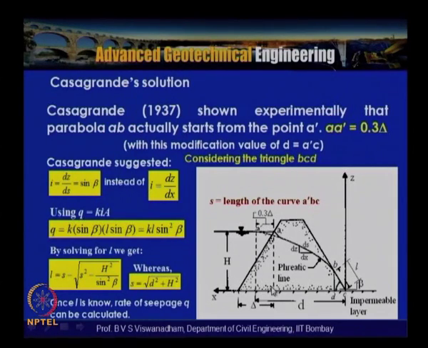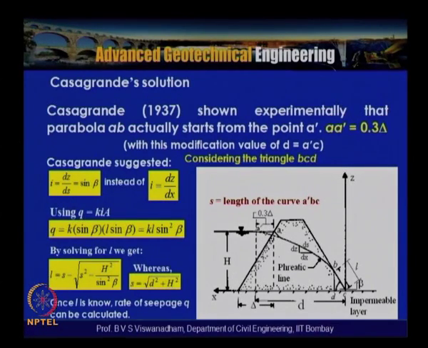With this modification, the value of D will be equal to A dash C, that is this particular distance. Now considering the triangle BCD, we can write I is equal to dz by ds is equal to sin beta, instead of dz by dx.